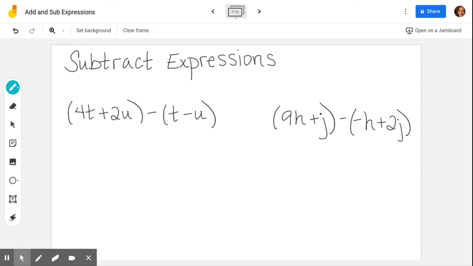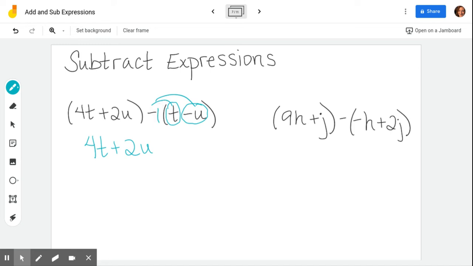So on this first problem, there's nothing attached to the first parentheses. So I'm going to leave that as 4t plus 2u. Over here, I need to distribute that negative sign. I remember I said you can think of it as distributing a negative 1. But inside, I've got a t, a positive t, and I've got a negative u. Change my sign, change my sign.